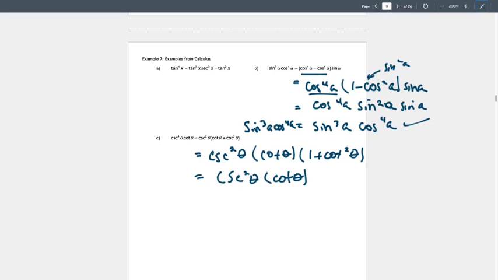One plus cotangent squared theta is the same thing as cosecant squared theta. And then these two will combine to be cosecant to the fourth theta times that cotangent theta. And we verified it. All right, that's all for these notes, guys. Thanks.